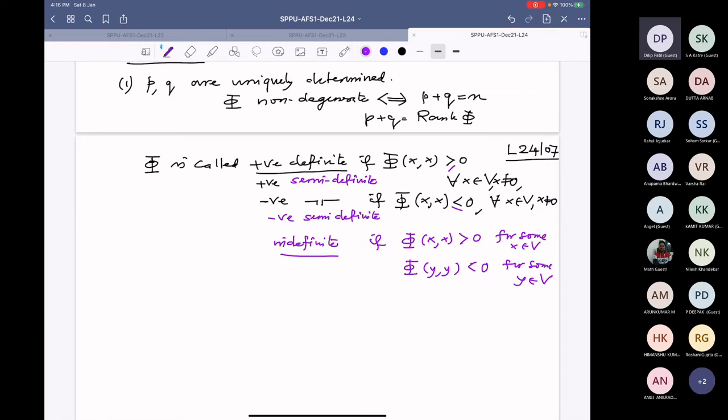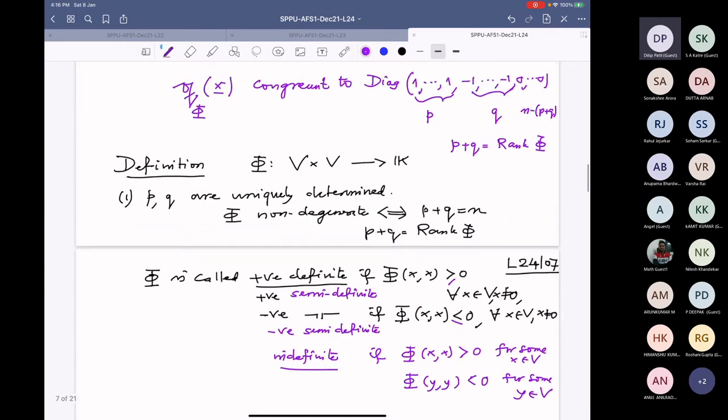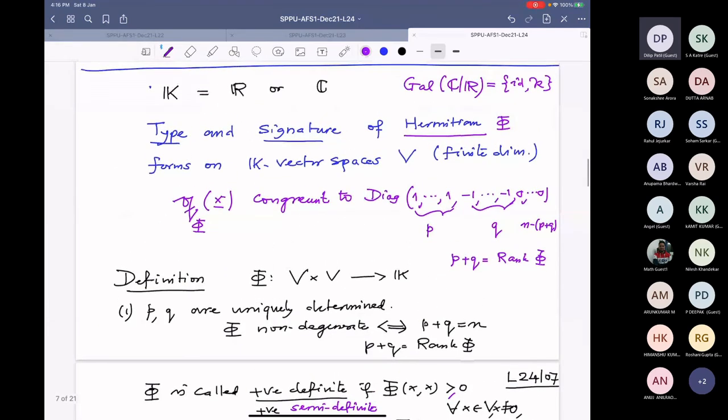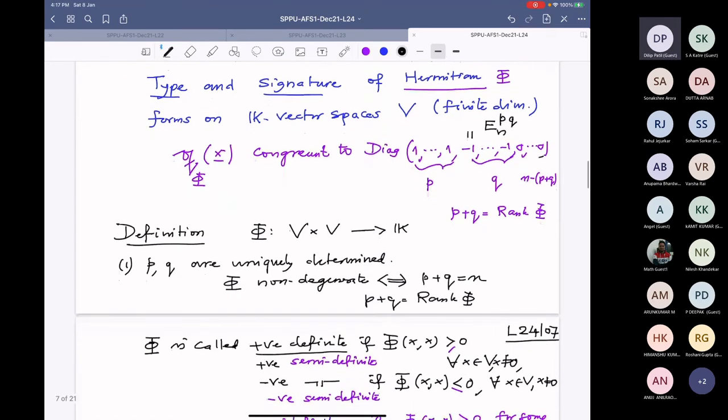All right, now let us denote this matrix, because it will save a lot of time for me to write here. This diagonal matrix is also denoted by E n p q. The number of ones is p, the number of minus ones is q on the diagonal, and n is the size of the matrix.